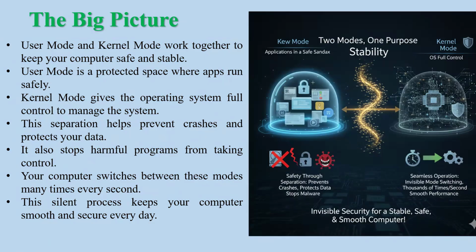The computer switches between these two modes a countless number of times every second without any visible delay. And this invisible coordination is what keeps your laptops, desktops, servers, and even government data centers running smoothly every day.